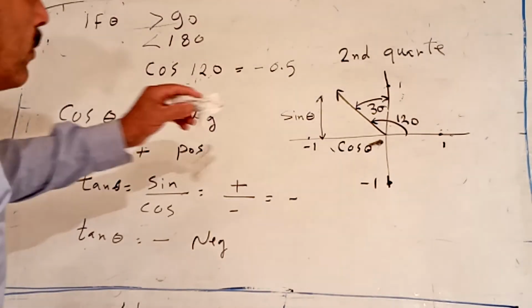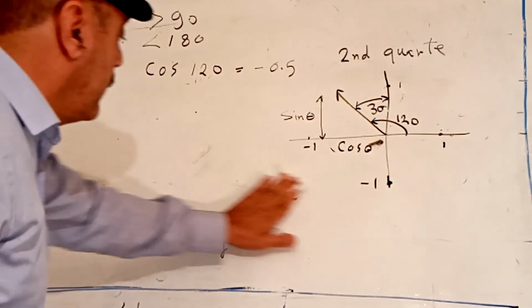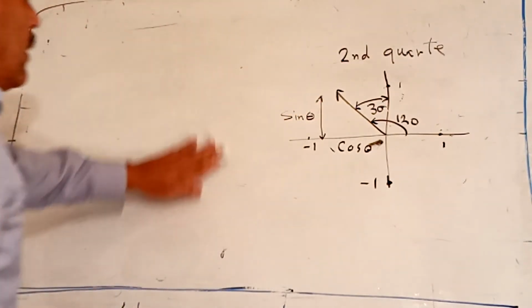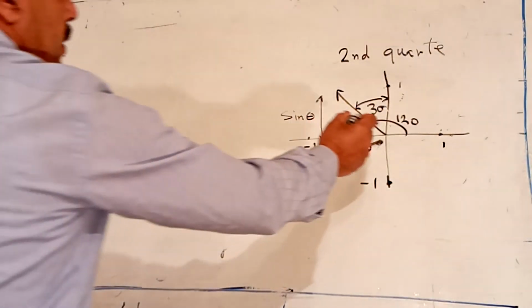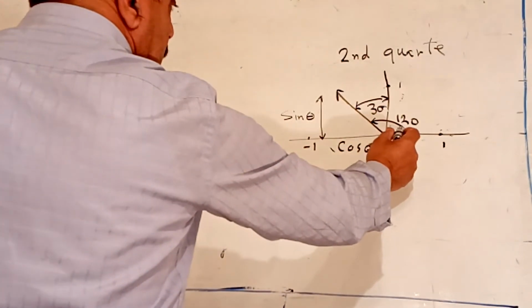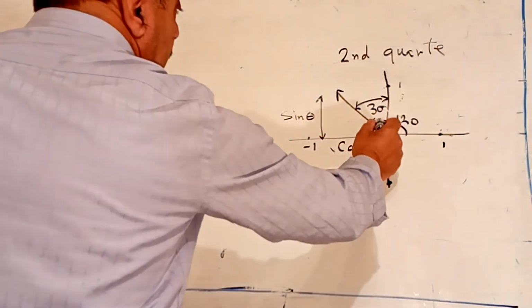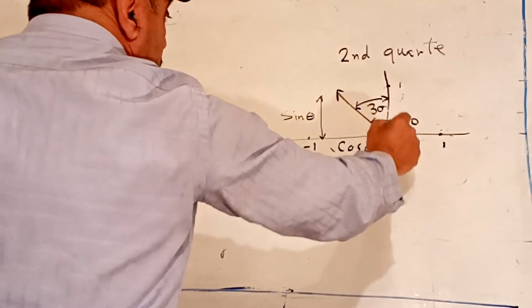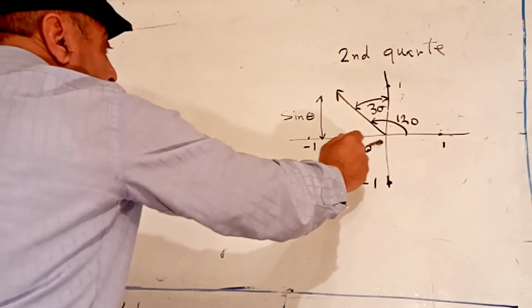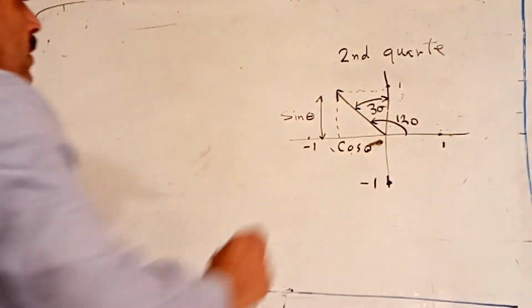Let me erase it and we will talk a little bit about it and try to analyze it in more detail. Now we are in the second quarter. If we take a look at this small triangle here with the angle 30, cosine theta, we said it's cosine 120 and we said it's minus 0.5. Just take a look at this small triangle with 30 degrees: this side, which is cosine theta, is the same thing as here.